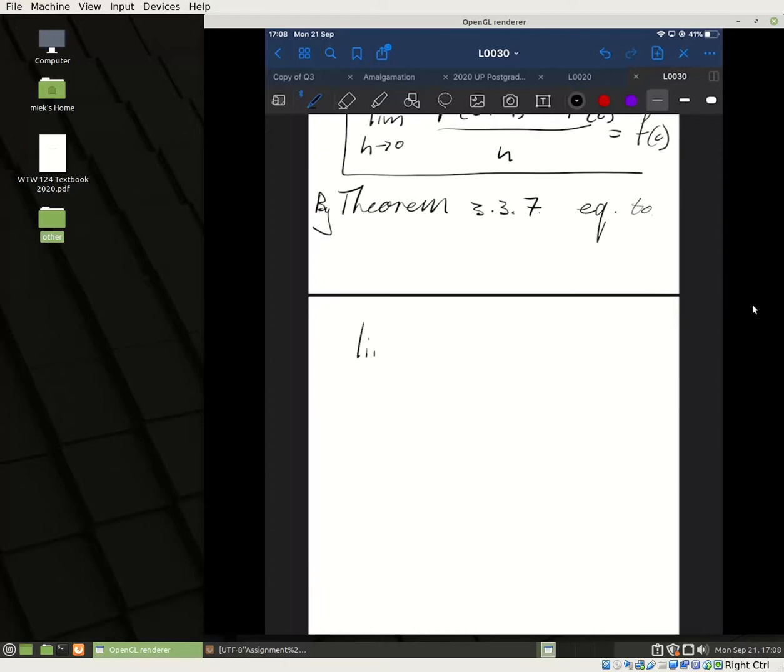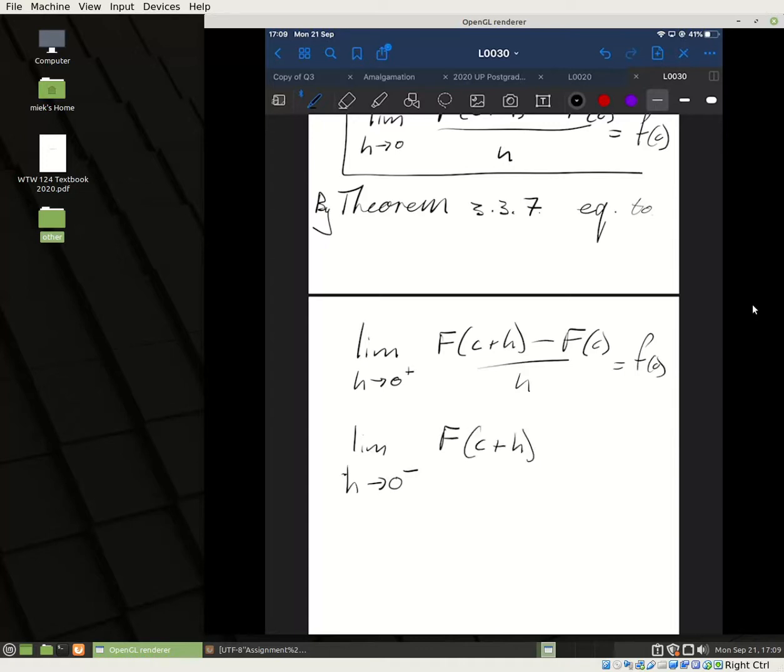The limit as h tends to 0 from the right of F of c plus h minus F of c over h is equal to little f of c, and the limit as h tends to 0 from the left of F of c plus h minus F of c over h is equal to little f of c.